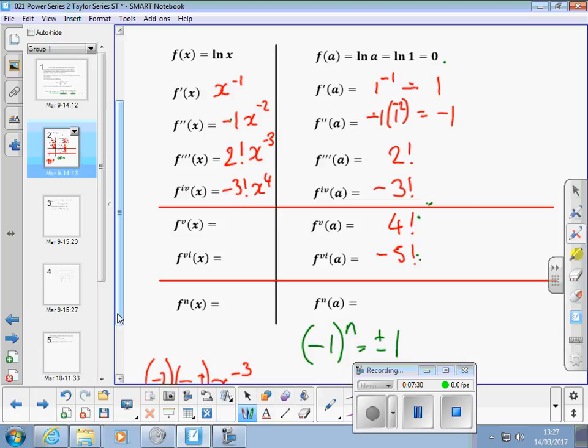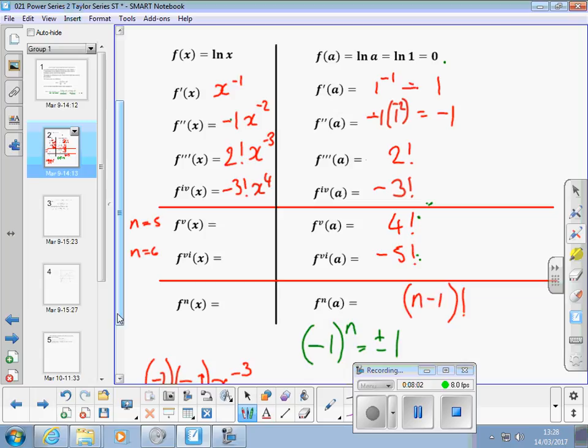So how can we get this number here, something factorial, from n? Forget about the positive and negative sign at the moment. But n here was n equals 6 there. Yeah, n minus 1 factorial.